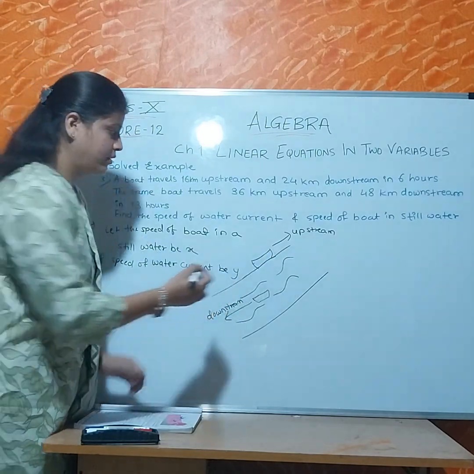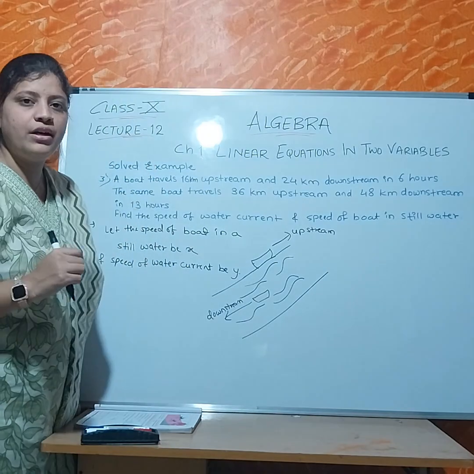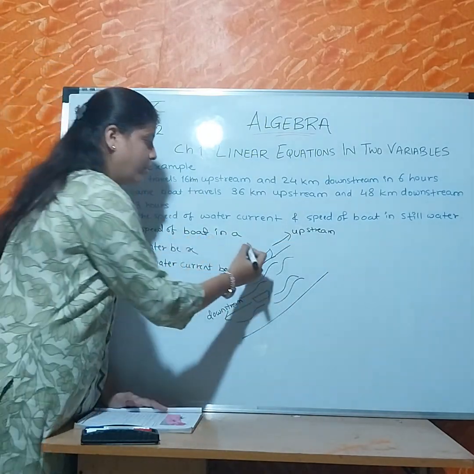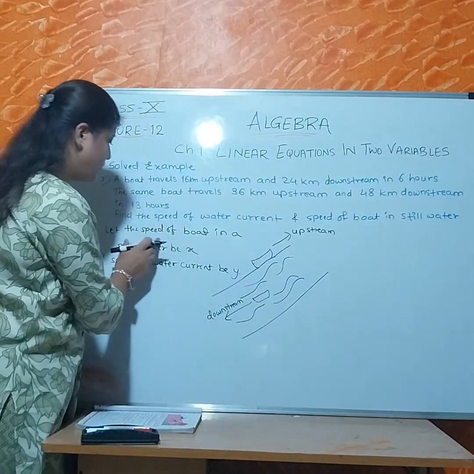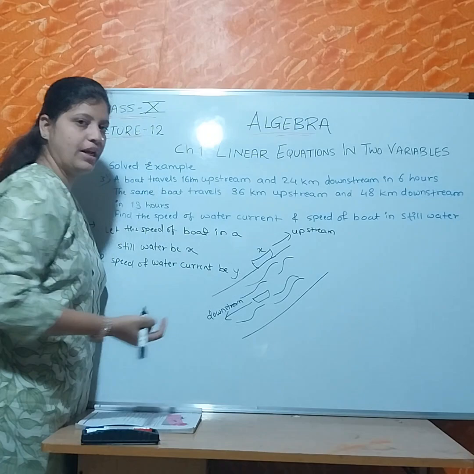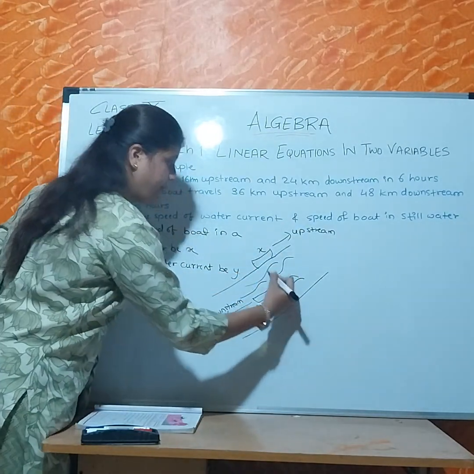in this river, this is a water current flowing downside. There are two conditions here, for upstream and downstream. Now we have assumed the speed of boat as x, and the speed of water current is y.